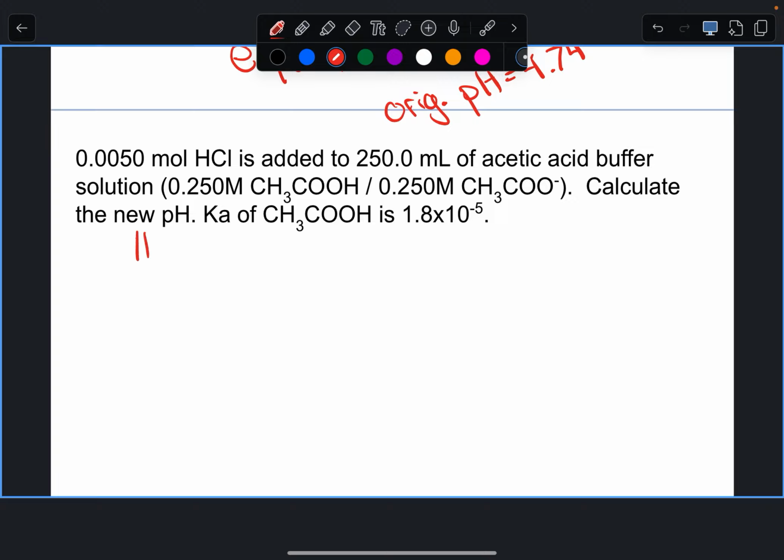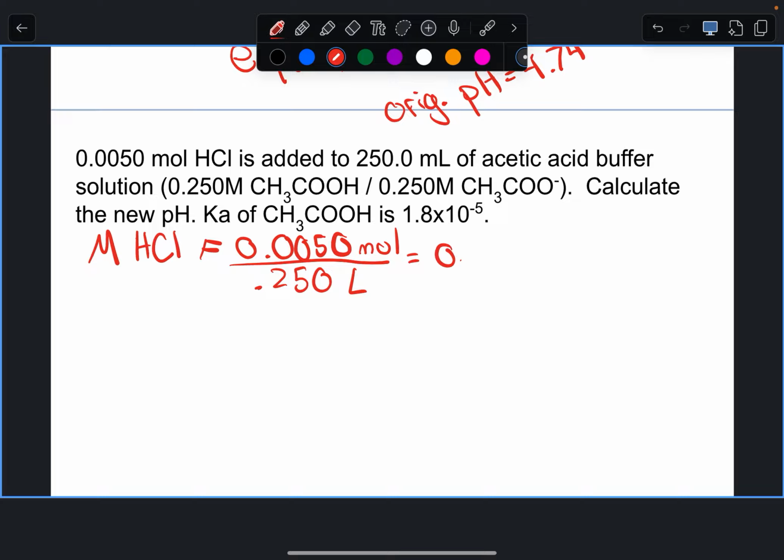So HCl, the molarity of HCl is going to be equal to 0.0050 moles over 0.250 liters, okay? Or .02 molar for the HCl.